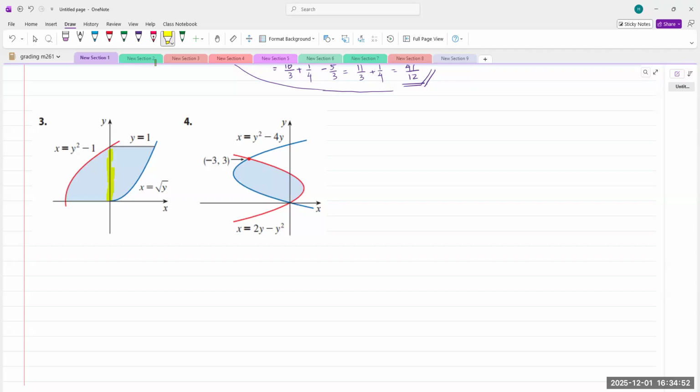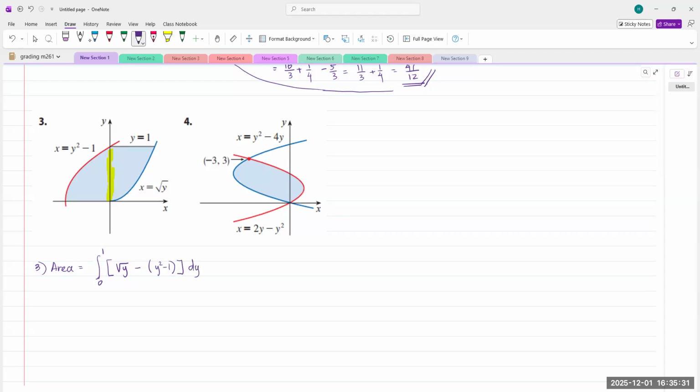The top function, in this case the one to the right, is the blue color. The one below is the red color. So the area for number 3 is equal to the integral from y equals 0 to y equals 1 of the right function, square root of y, minus the left function, y squared minus 1, dy.